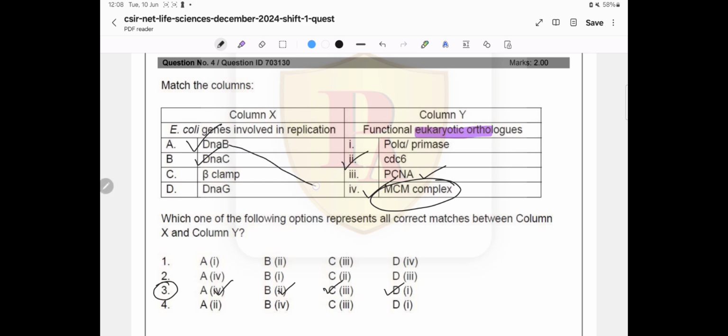So DNA B and MCM, DNA C and CDC6, beta clamp and PCNA, they are sliding clamps. And DNA G acts as a primase, and it also acts similarly with polymerase alpha, okay.